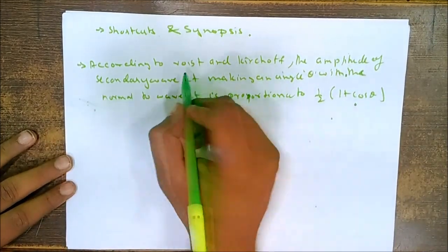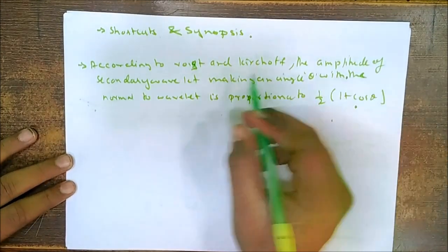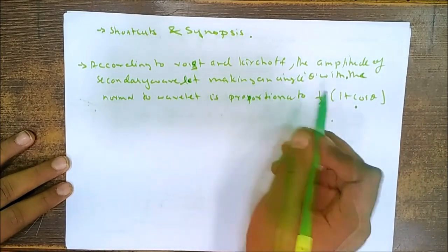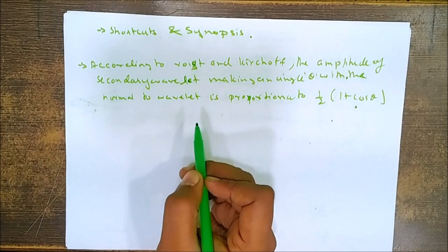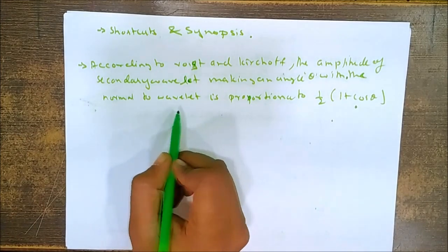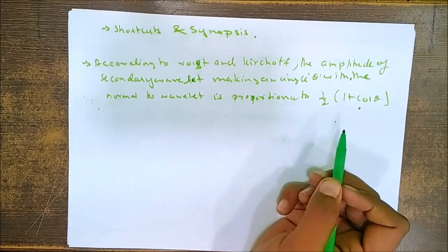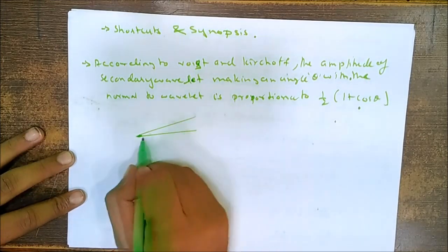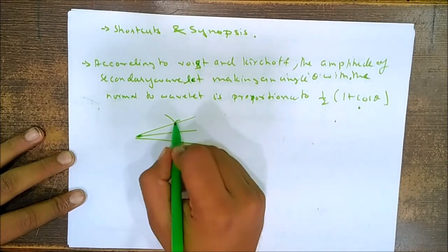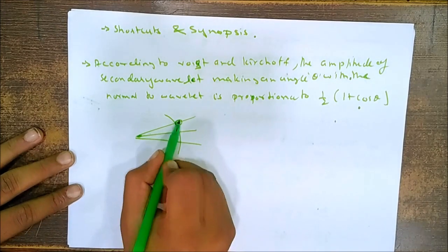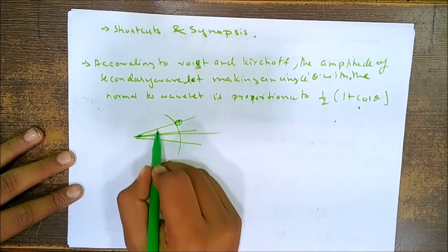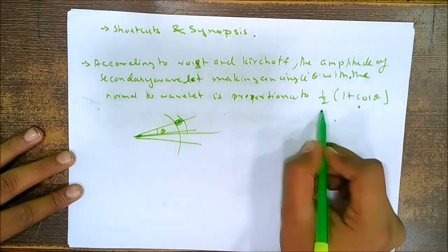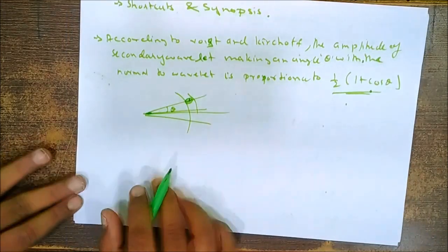So according to Voigt and Kirchhoff, the amplitude of secondary wavelet making an angle theta with the normal to the wavelet is proportional to half of 1 plus cos theta. So this is the point source, and here is the secondary wavelet, and if this is the normal, this is the angle theta. So here the amplitude will be given as half of 1 plus cos theta.